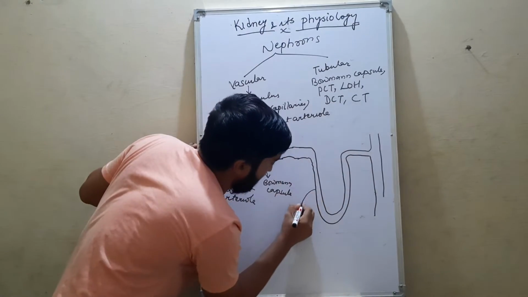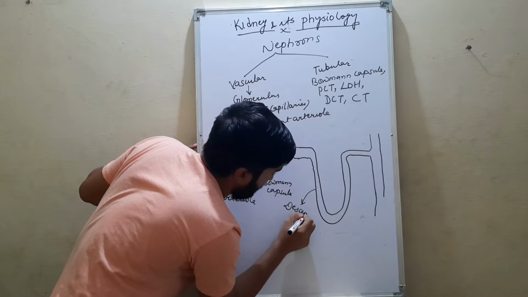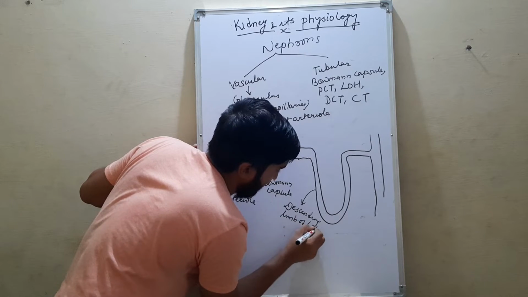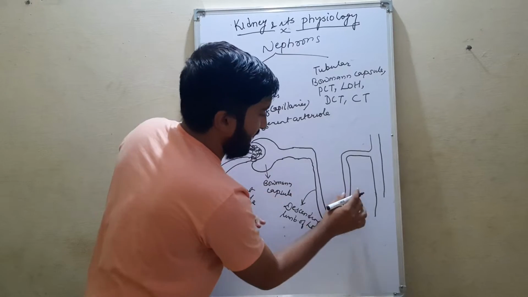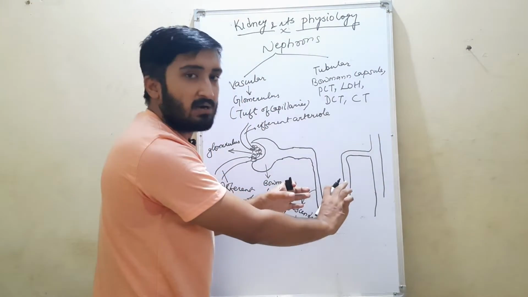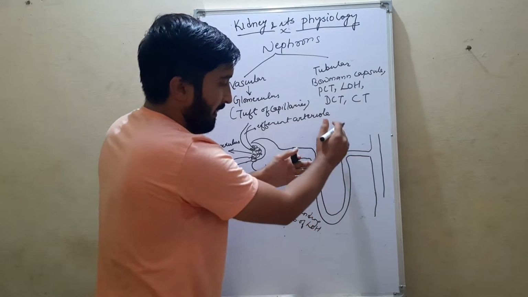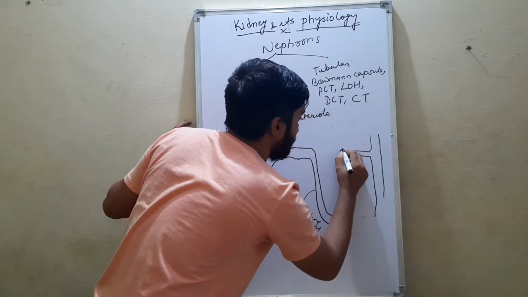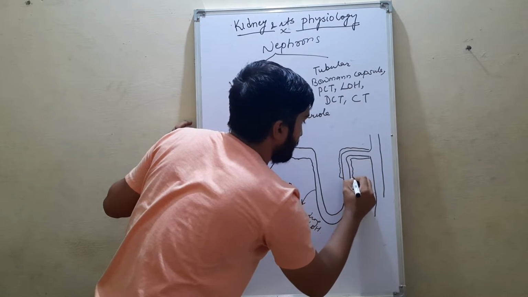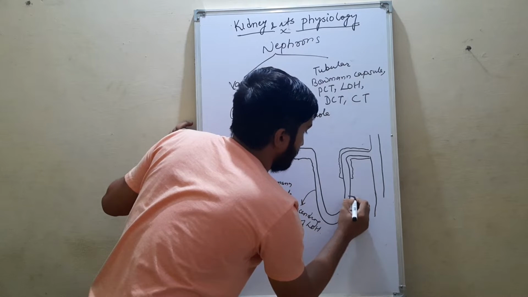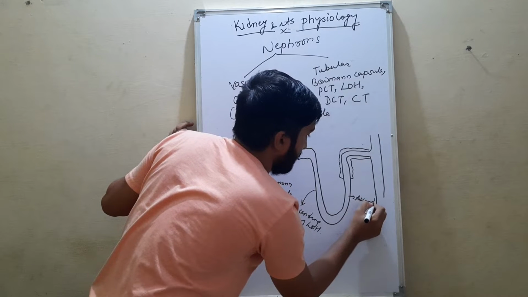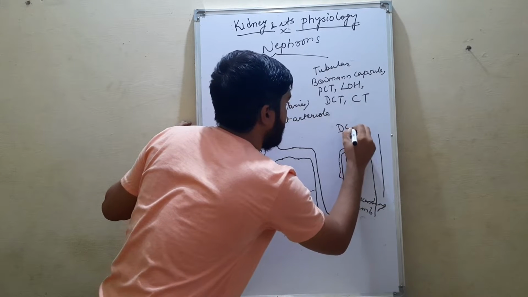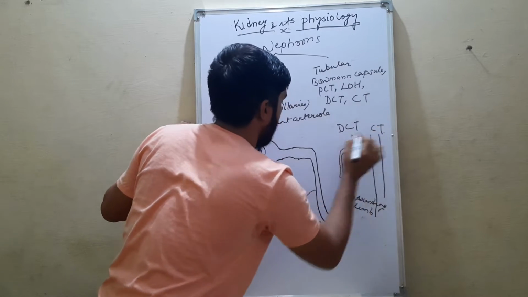This is the descending limb of the loop of Henle, and this is the ascending limb. The initial segment is called the thin ascending limb, and the later segment is called the thick ascending limb. And this is the DCT, distal convoluted tubule, followed by the collecting duct.